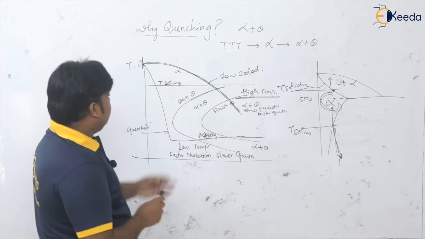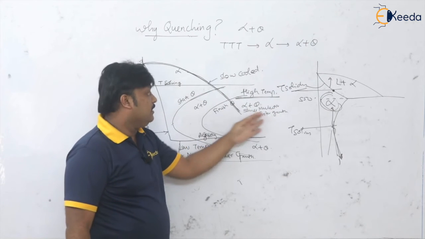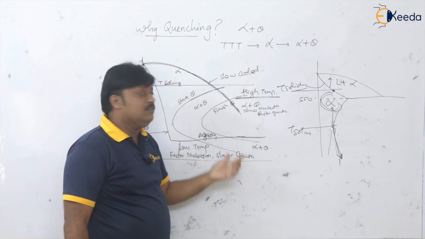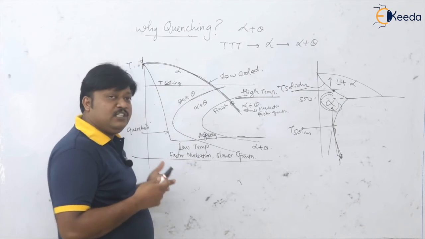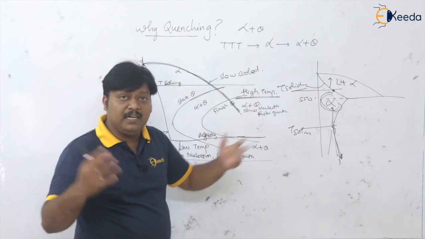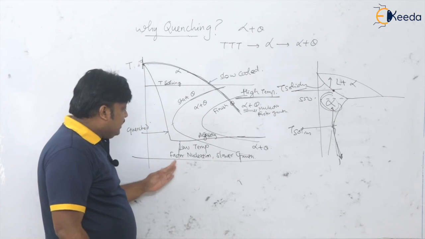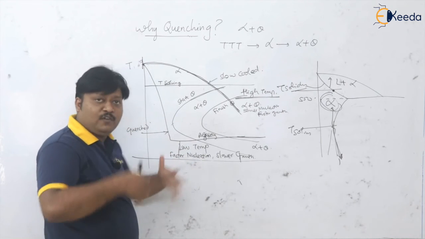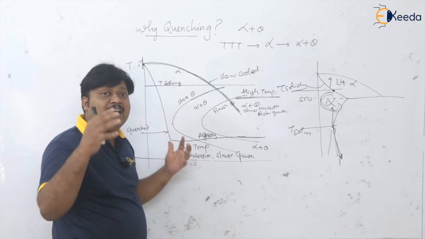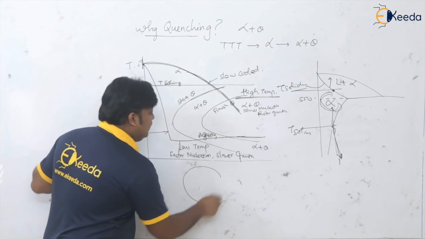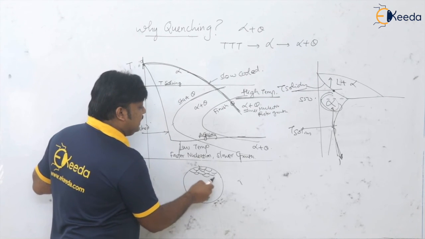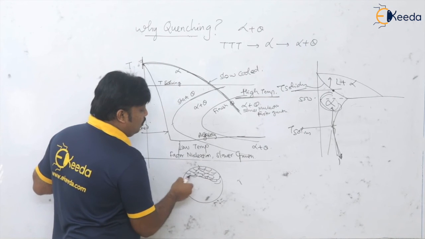So see here, if I quench it and the transformation happens at this high temperature, what will happen? The nuclei will form very slowly and they will grow, but in a coarser manner. But in the other case, the number of nucleation centers is larger because of faster nucleation, and the time for growth of these nuclei is very little. So there will be many nuclei, but not grown completely.